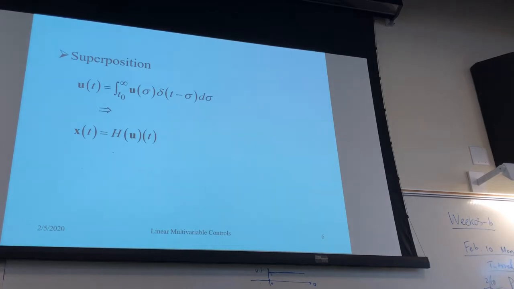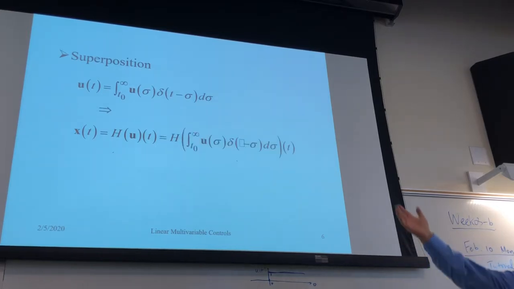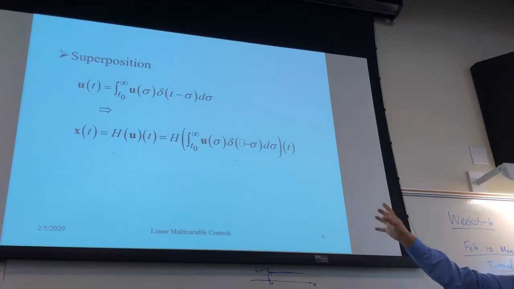Then basically I have infinitely many of these u-delta terms added together. If we have a linear mapping, actually a linear system, we just insert the u with that formula.